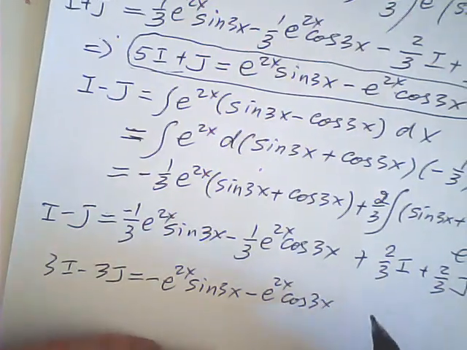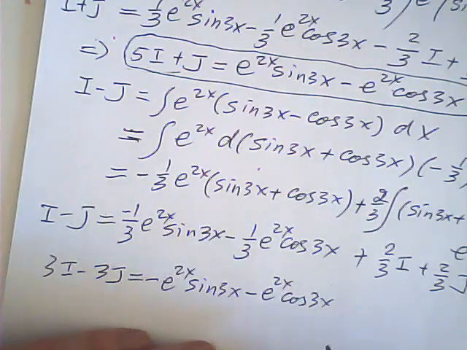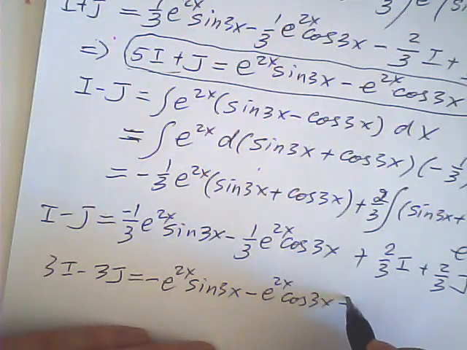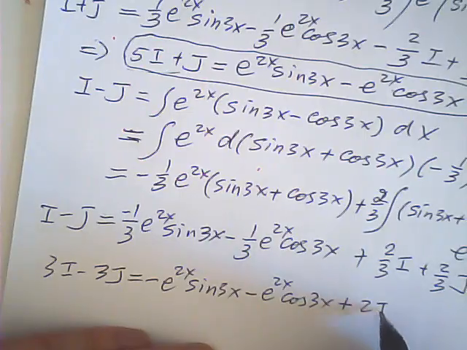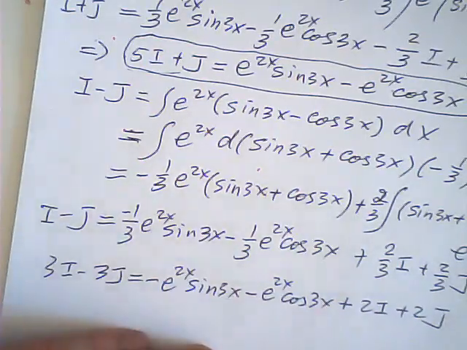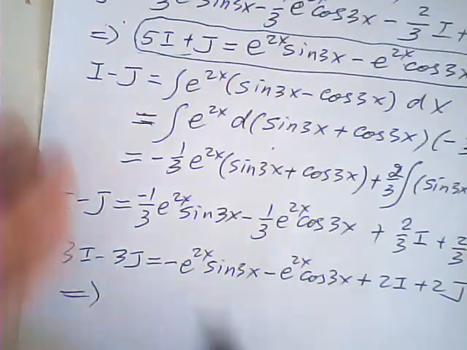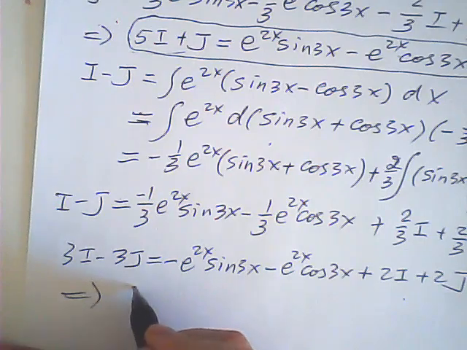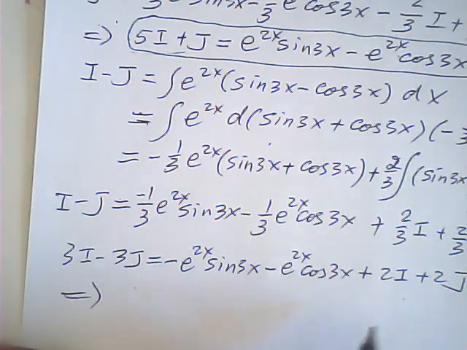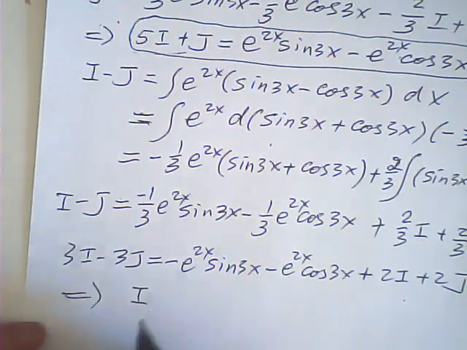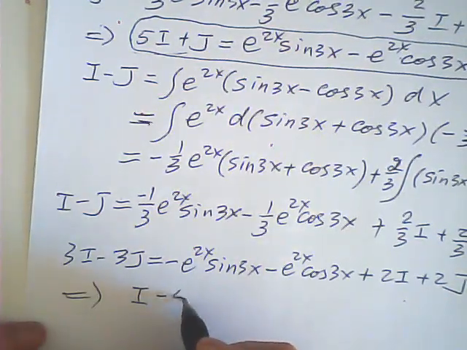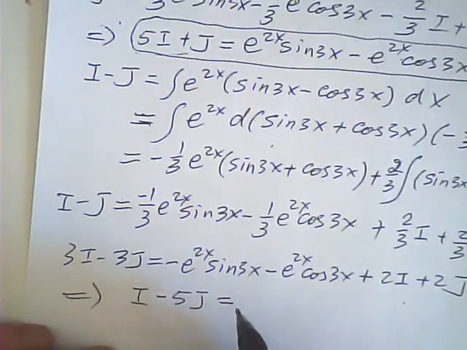Yeah, this will be 2I minus 2J. Yeah. So if I move there, this will be I minus 5J. Yeah, is equal to 1/3.